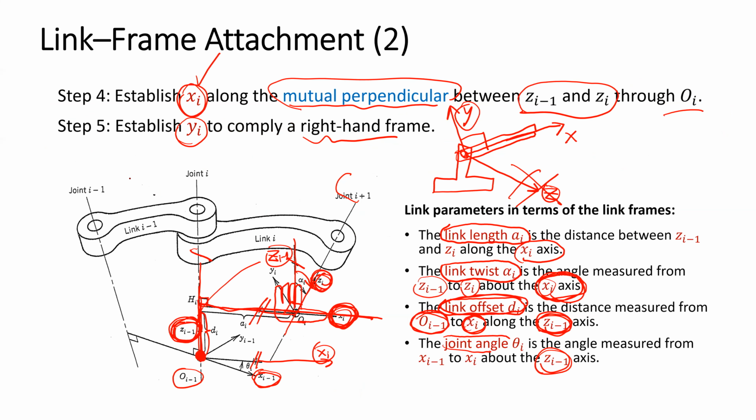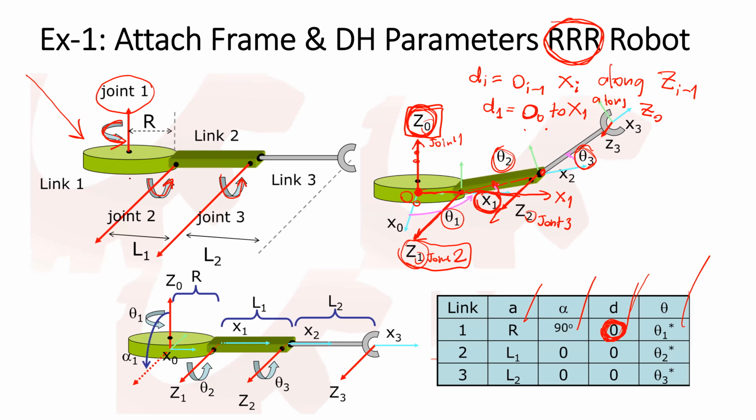So if we come back to this picture, the mutual perpendicular between Z(i-1) and Zi intersects with the joint axis Zi. Okay, that is the definition.